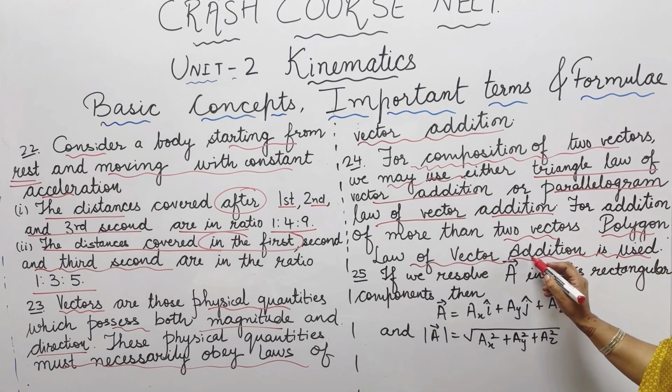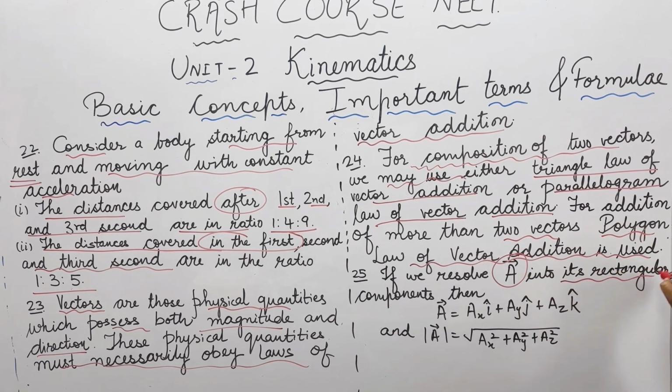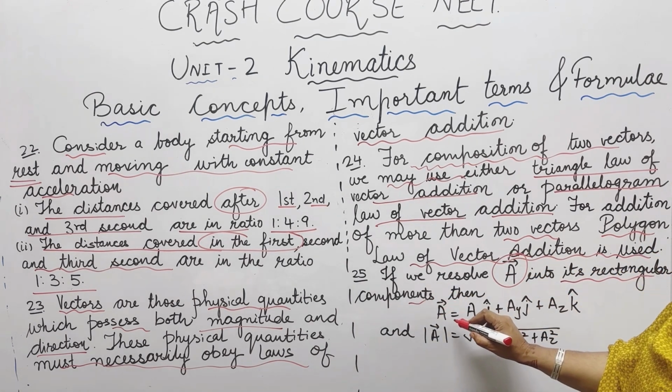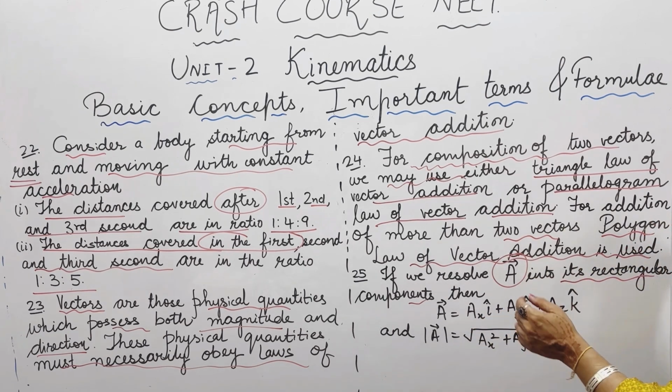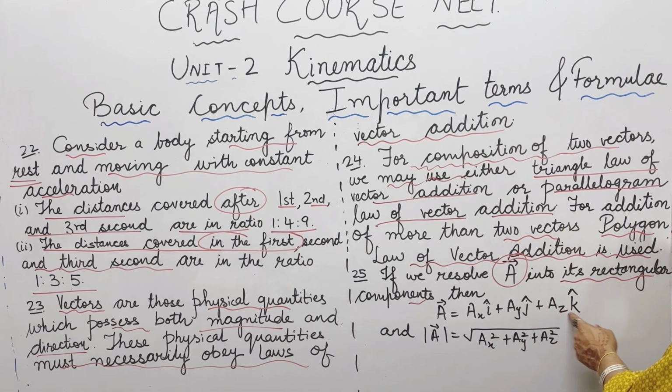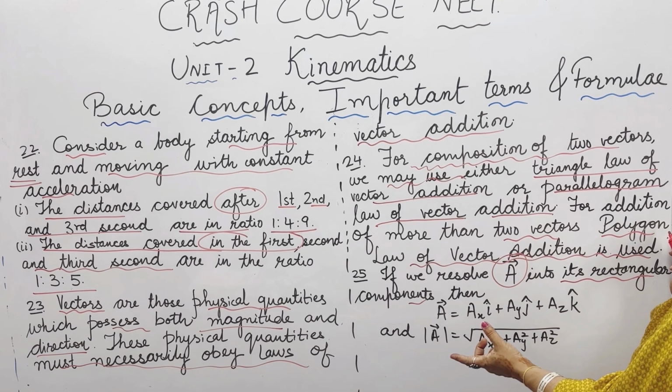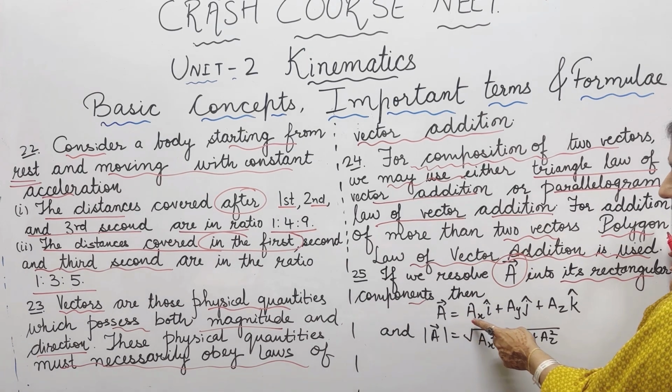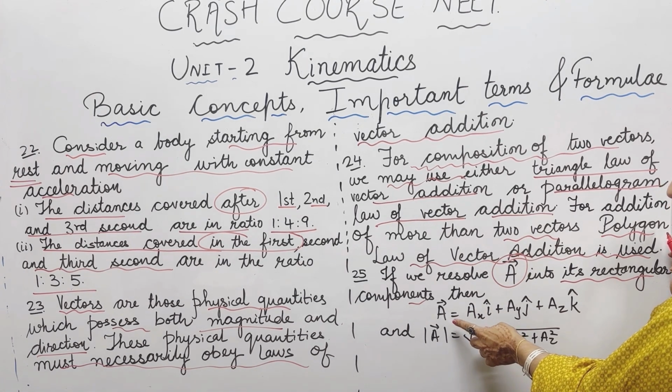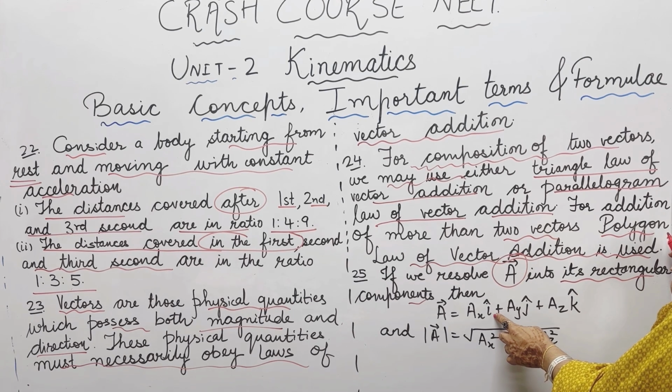If we resolve a vector into its rectangular components, then we can write the sum of these components along the x-axis, y-axis and z-axis. It can be written as A = Ax i cap + Ay j cap + Az k cap, where Ax is the x component of vector A with i cap showing the direction.